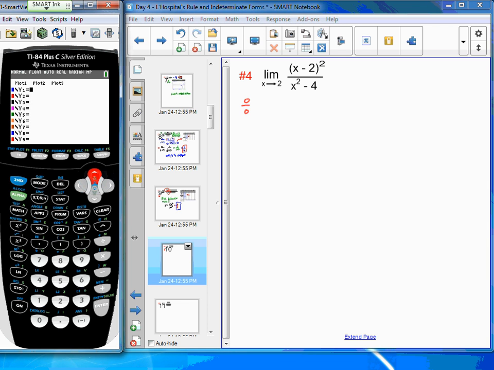Let's see, x minus 2 quantity squared over quantity x squared minus 4, watch your parentheses. And now x is approaching 2, so I'll go ahead and zoom 6. And as x approaches 2, I'm getting, trace 2.